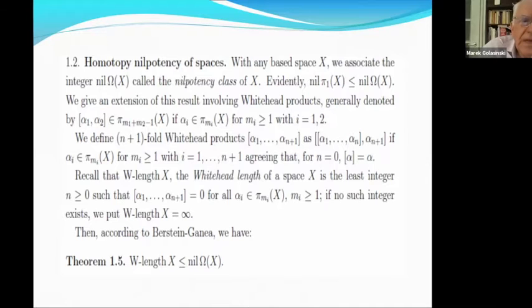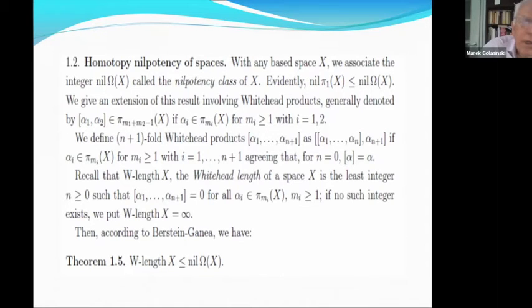And now we give an extension of this result, I mean this inequality, involving the Whitehead product. So if you have two elements from the homotopy groups of a space, then we consider the Whitehead product [alpha_1, alpha_2], which belongs to the homotopy group with the appropriate index. And then next we define the n+1 fold Whitehead product, which is denoted by [alpha_1, ..., alpha_{n+1}] in square brackets, and this is exactly some simplification of what was written there.